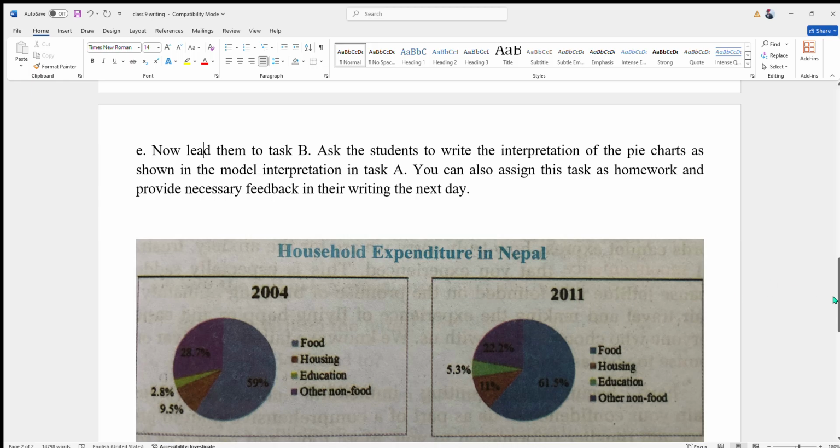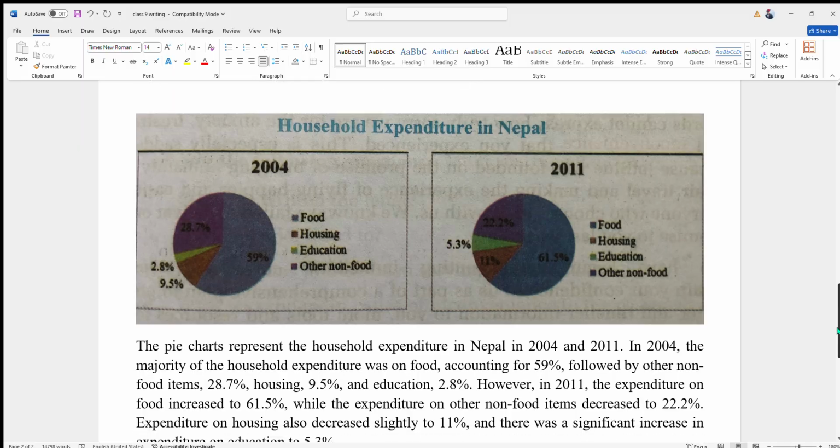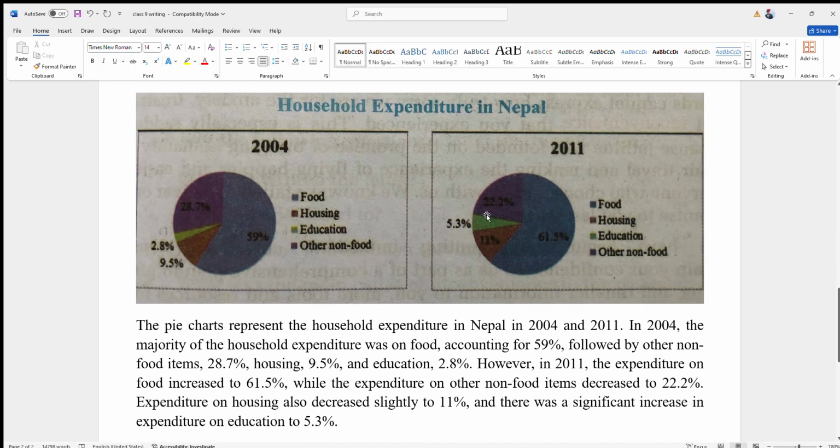These pie charts are given in the textbook: household expenditure in Nepal, 2004 and 2011. We have to compare.